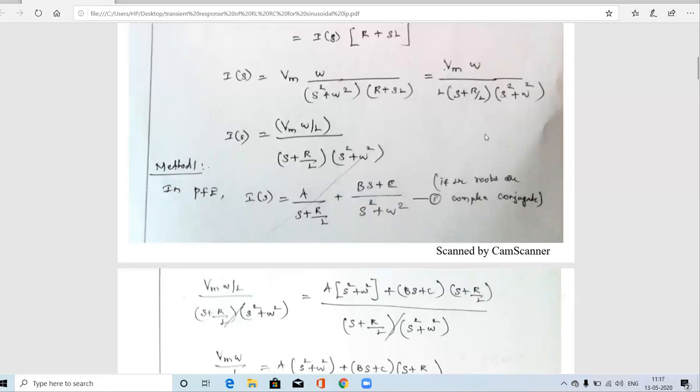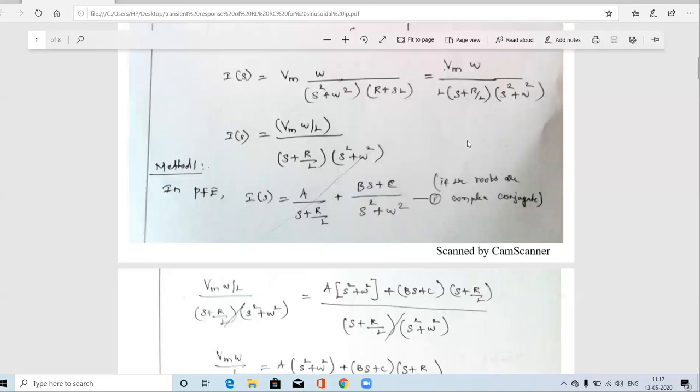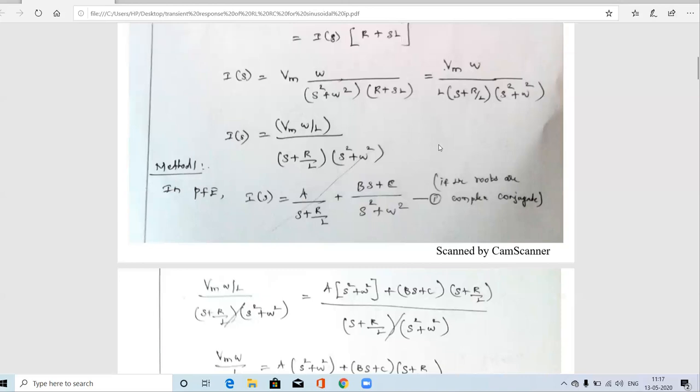The square root of minus omega squared comes, and the square root of minus is nothing but j. Here, if there is s squared plus some constant squared, the s values are complex conjugate roots. Complex conjugate means here s is either plus j omega or minus j omega.